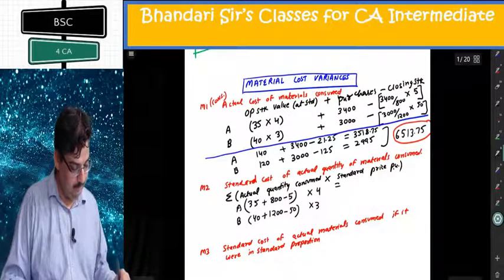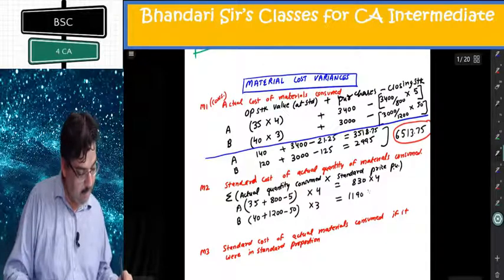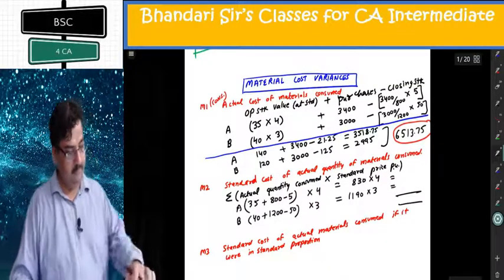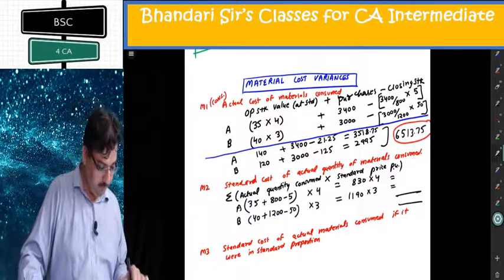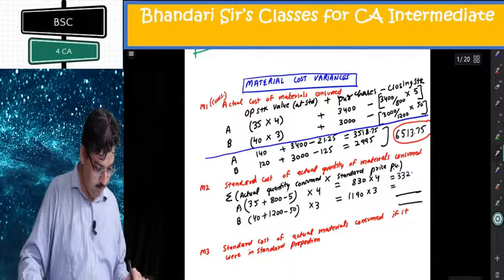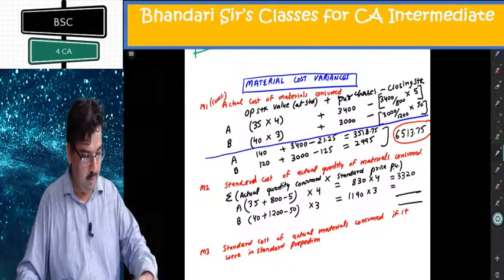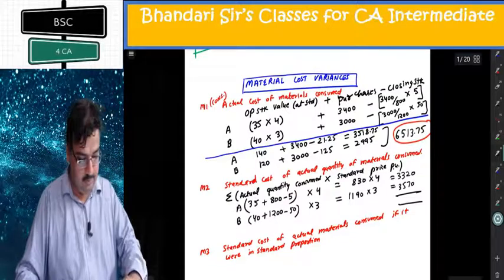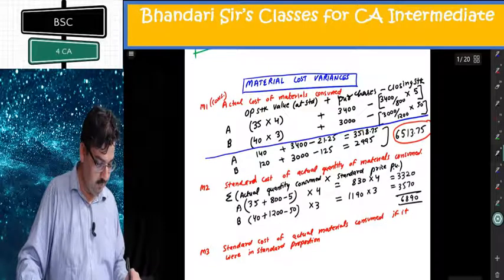The rate to be applied is standard. 830 into 4 is 3320, 1190 into 3 is 3570. Total is 6890.